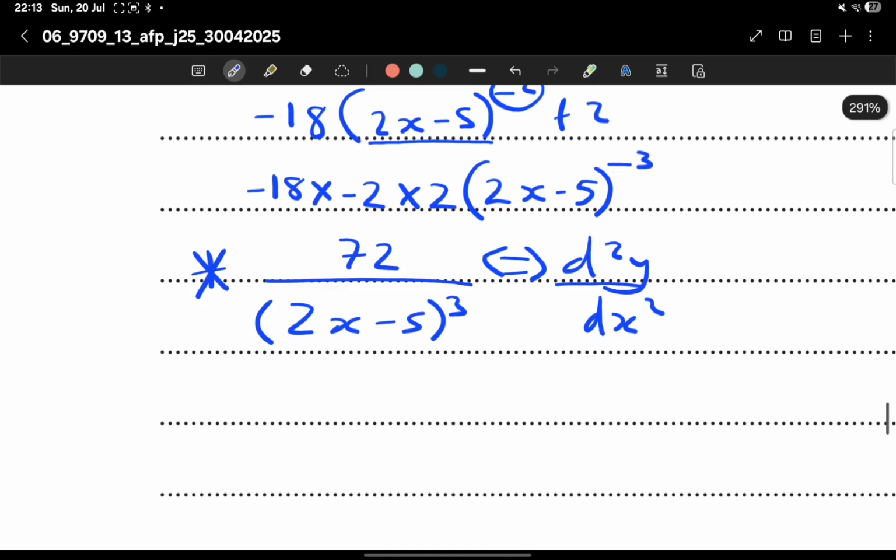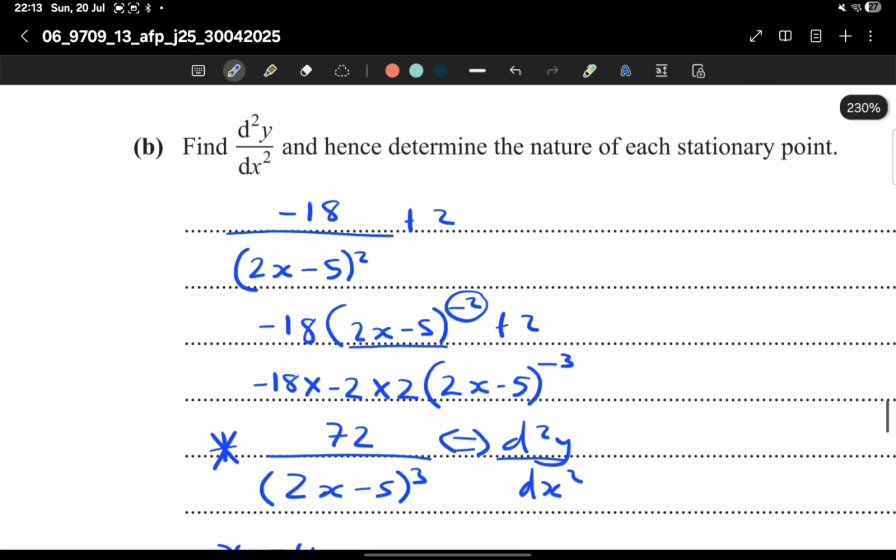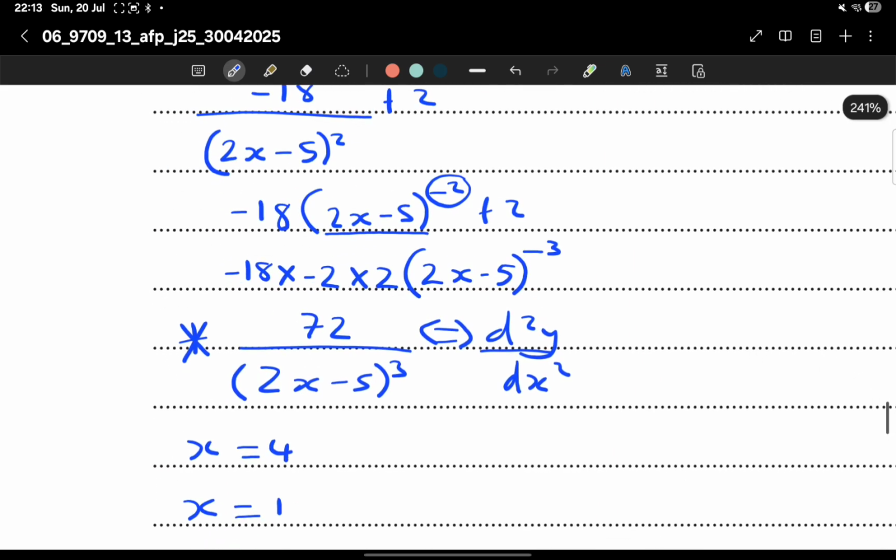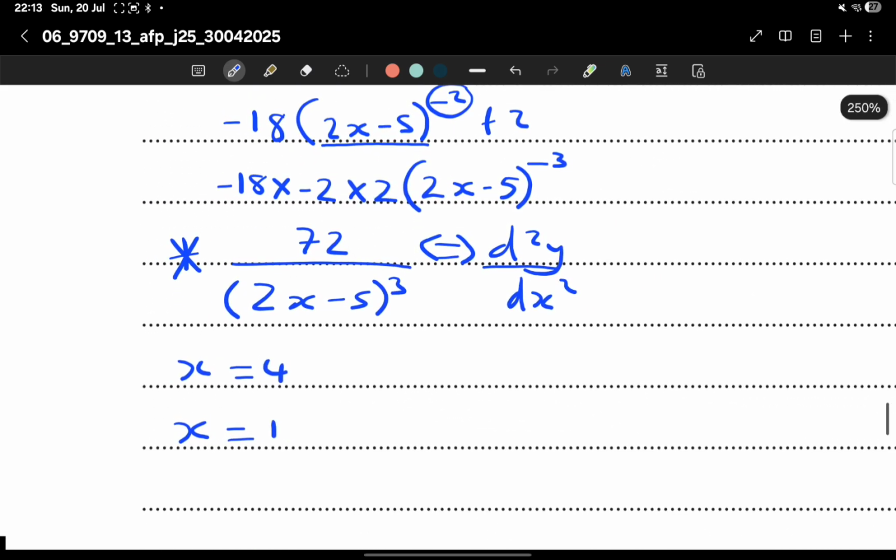We are now going to substitute x equals 4 and x equals 1 to determine the nature of each stationary point. Substituting 4, we get 2 and 2/3 for this.